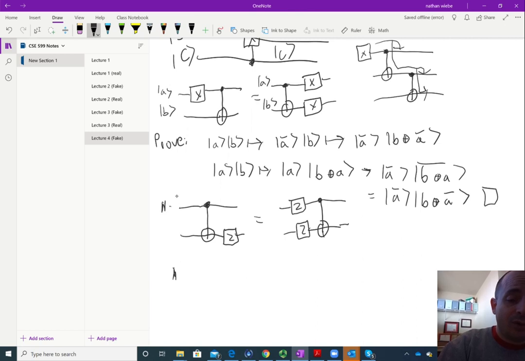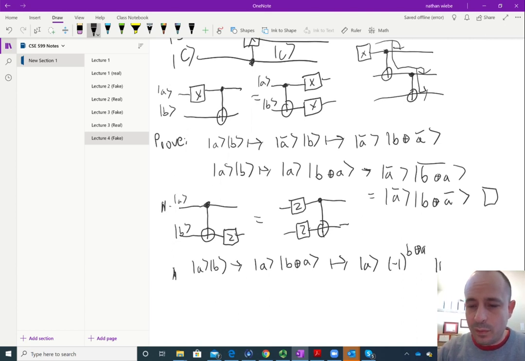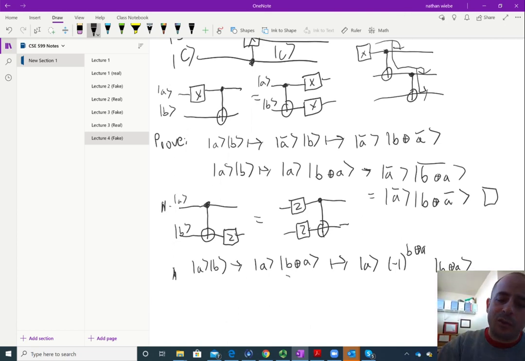If we start with inputs A and B over here, then we have A, B maps to A, B exclusive OR A, and then this maps to A, -1 to the B exclusive OR A, B exclusive OR A, because Z will end up kicking back a phase if and only if this bit is 1. So that's why we get -1 to the B exclusive OR A popping up.